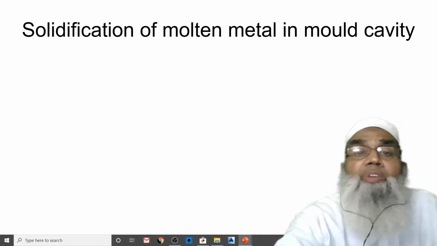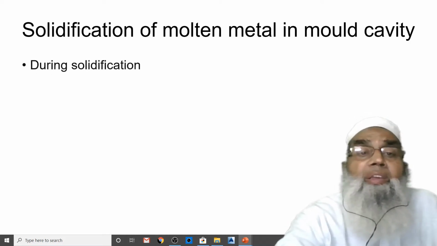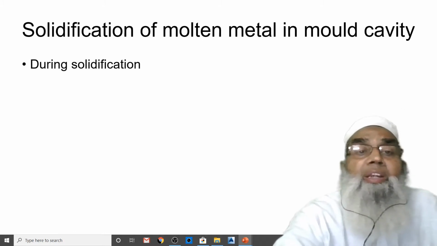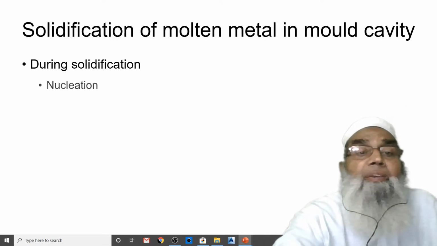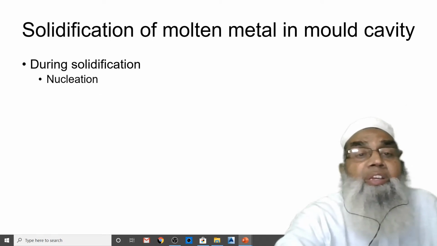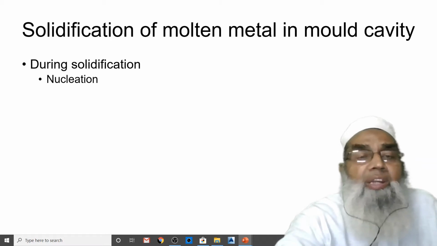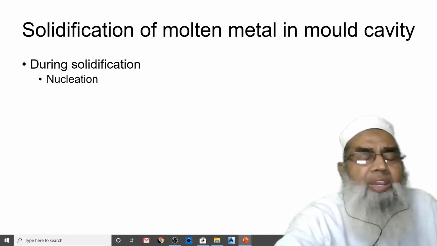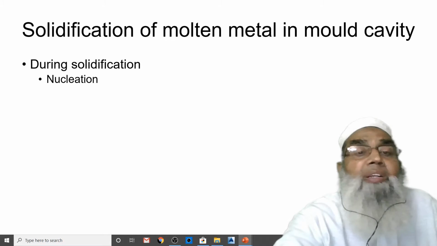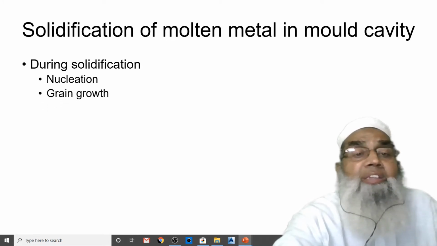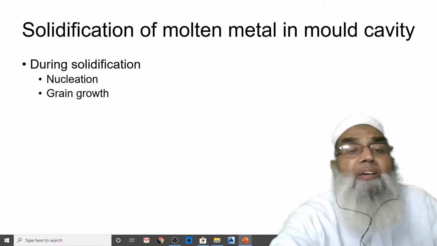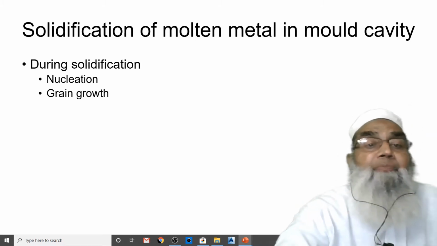Furthermore, during solidification in the mold cavity, two things take place. One is nucleation. Initially, they nucleate and form very thin, small particles. The other thing that happens is that these particles grow and become big grains.